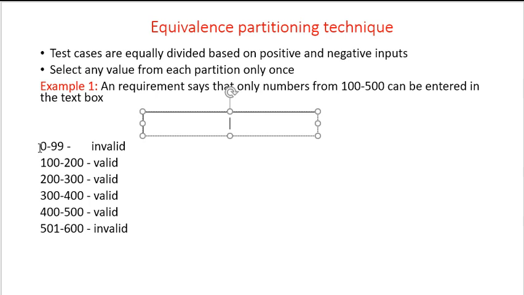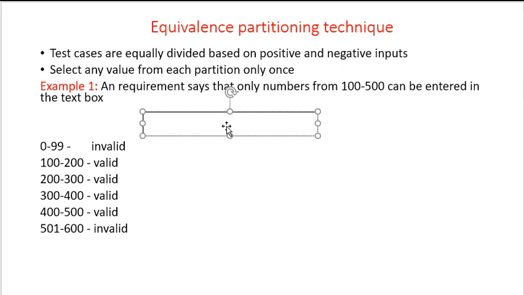We have divided them into 0 to 99, then 100 to 200, 200 to 300, 300 to 400, 400 to 500, and 501 to 600. Any value selected between 0 to 99 is invalid. So if we enter any value, say 89, it is an invalid number, so the system should reject it.